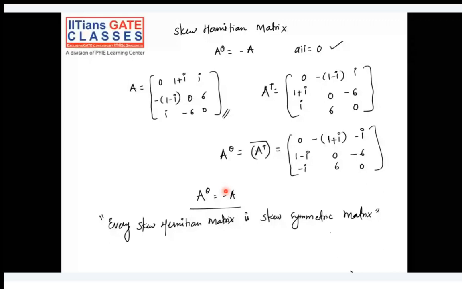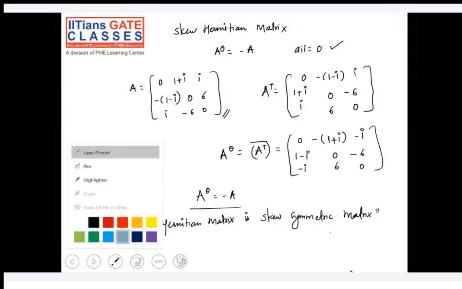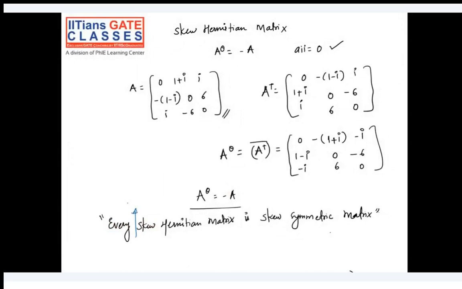And as we have studied before, every real skew Hermitian matrix is a skew symmetric matrix. Write down this term here.